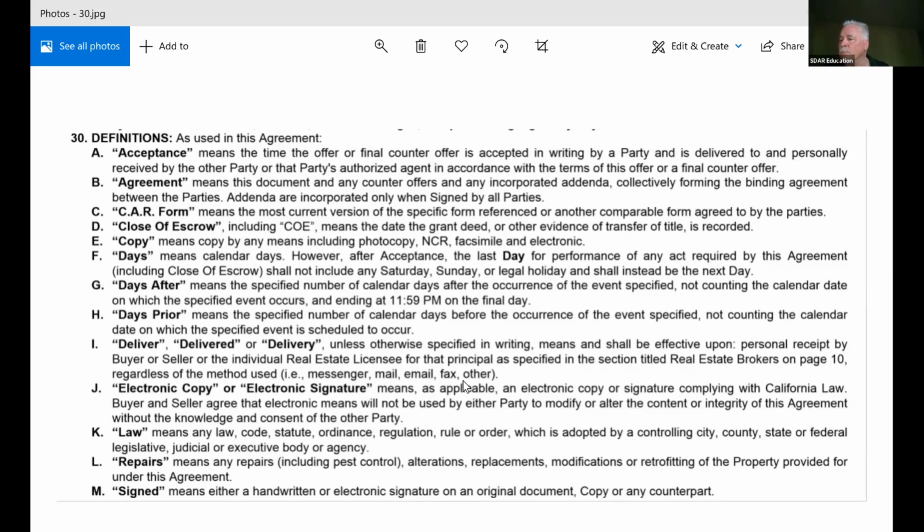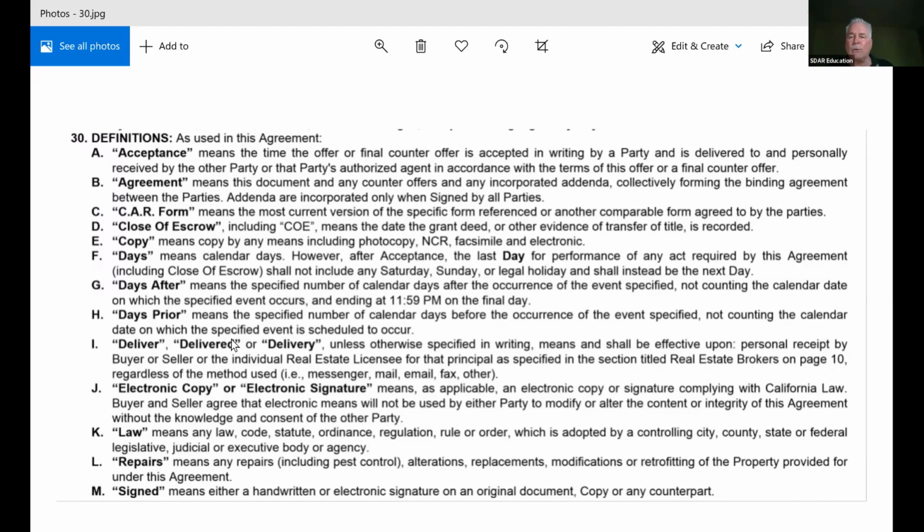Okay, so paragraph number H, days prior, you don't see a lot of that. It means the specified number of calendar days before the event, not counting the calendar date on which the specified event is scheduled to occur. So for example, you may send the notice to buyer to perform no sooner than 2 days prior to the date that it runs. So if the date for performance is 17 days, then you may not send it before the 15th day.